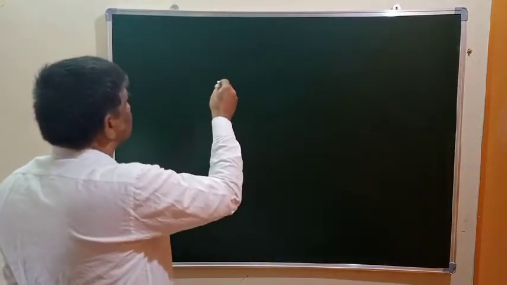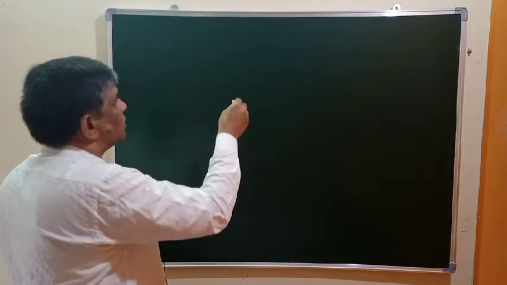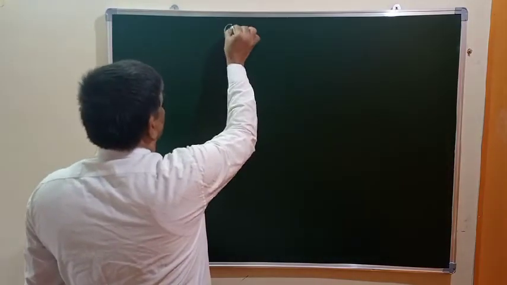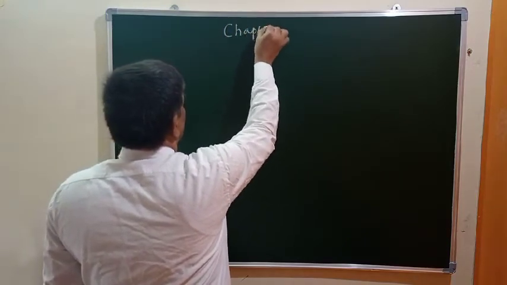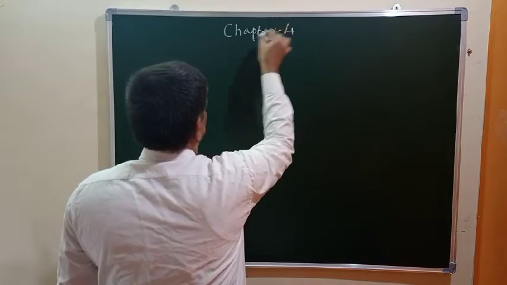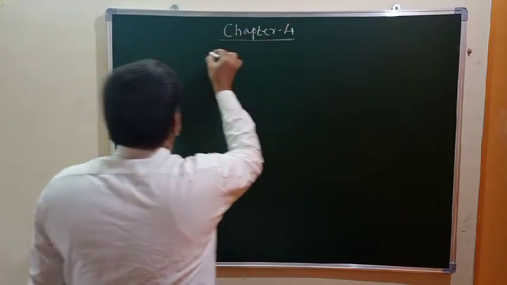In today's class, let us discuss chapter 4, first PUC biology, that is Kingdom Animalia.